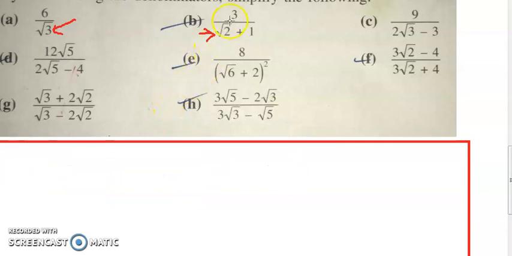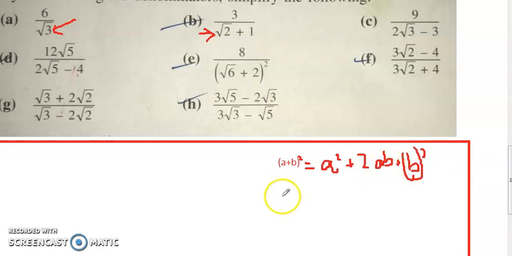Now for the second question, 3 upon under root 2 plus 1. Now I hope you remember the identity, which is a plus b whole square. A plus b whole square is equal to a square plus 2ab plus b square. I hope you remember these identities.